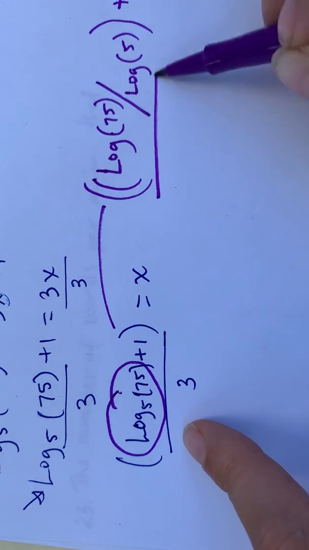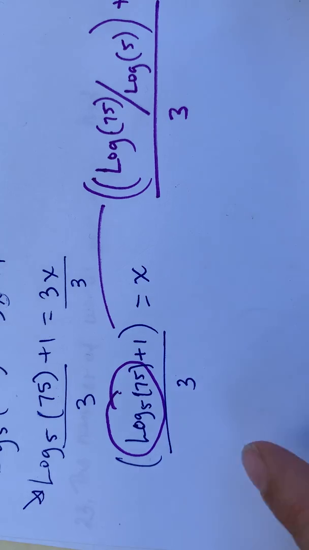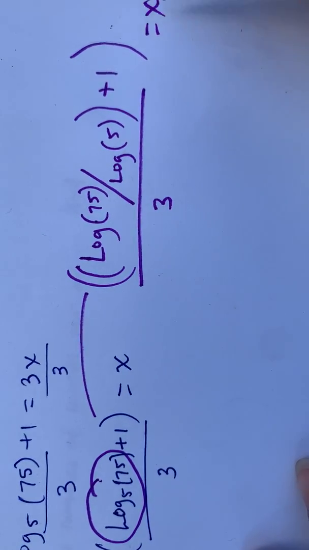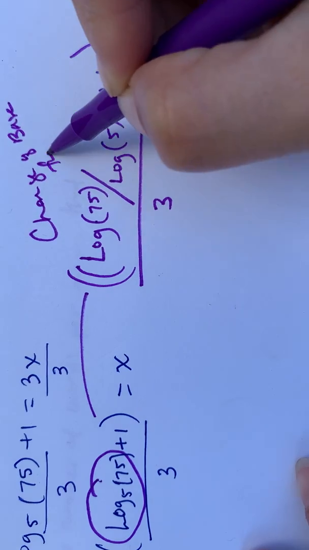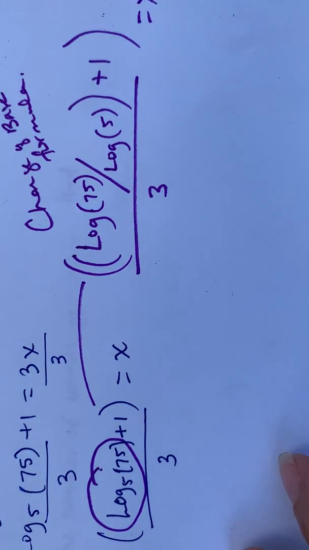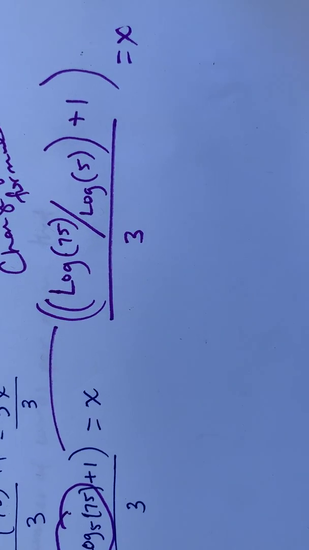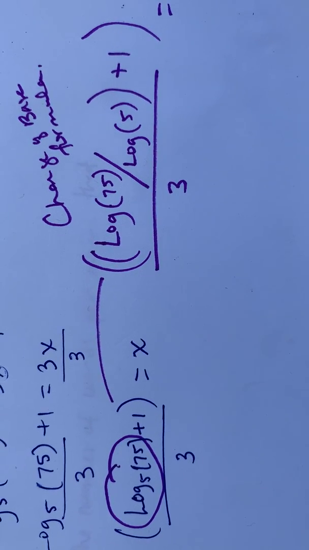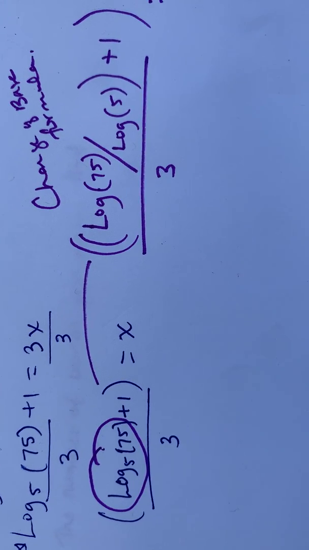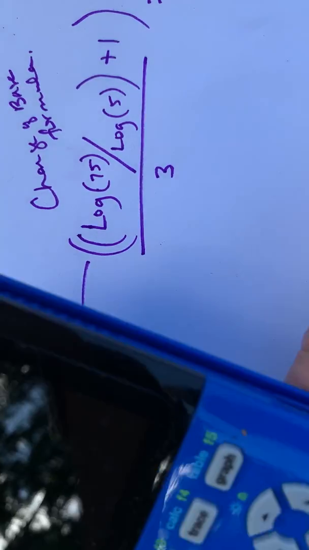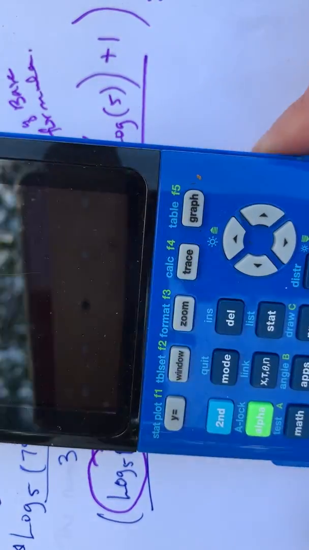This is acting like the numerator, all over 3, and that's going to equal x. If you have an older calculator, don't sweat this, and don't even try it on the calculator if you don't need to. Of course, I'm going to show you both so that I can accommodate all the people in the class with their calculators. So let's do this guy first because I think that's a little bit easier, more straightforward.